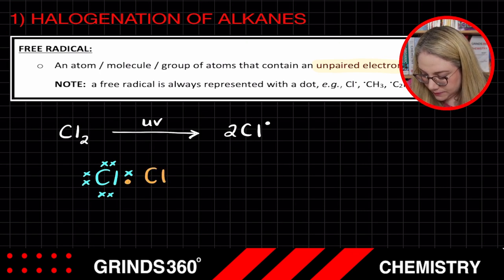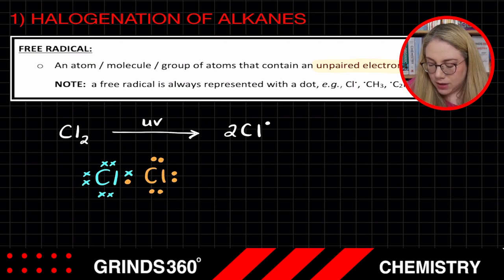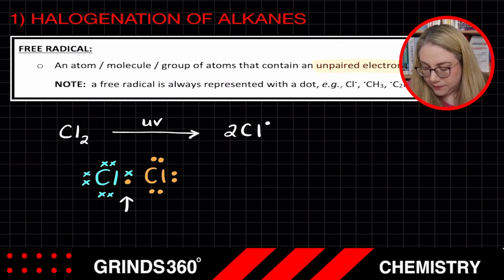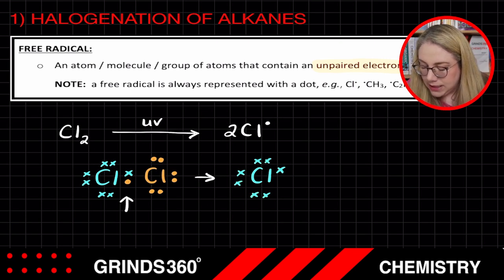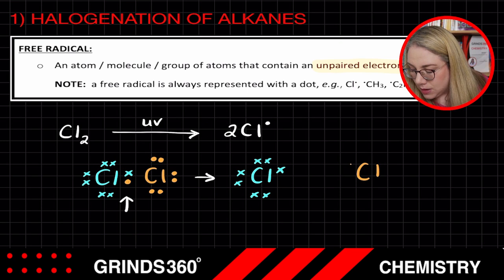When you break the bond between your 2 chlorine atoms for this reaction, like this, the electrons in that bond, 1 electron came from each chlorine. So when you split that molecule up, the chlorine on the left got its own electron back, and the chlorine on the right also has its own electron back.